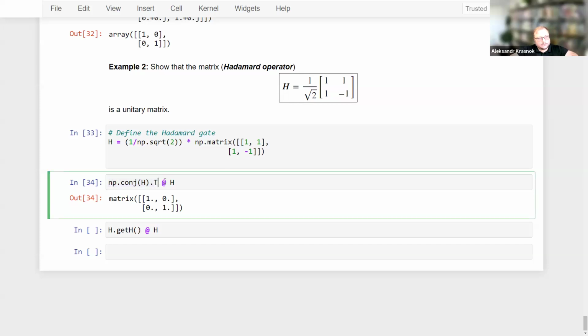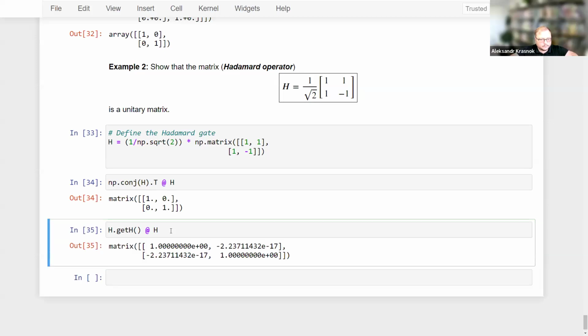So this dagger operation, which is conjugation and transposition, is used quite often. Instead of applying these two operations, you can use just one, getting H dagger, or Hermitian conjugation.